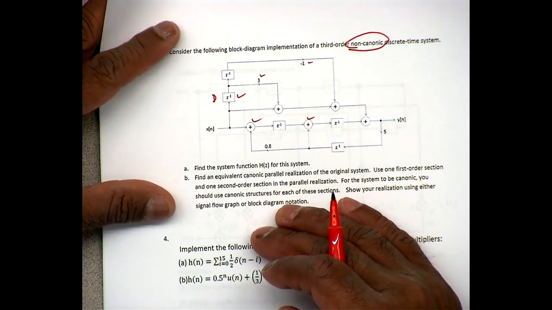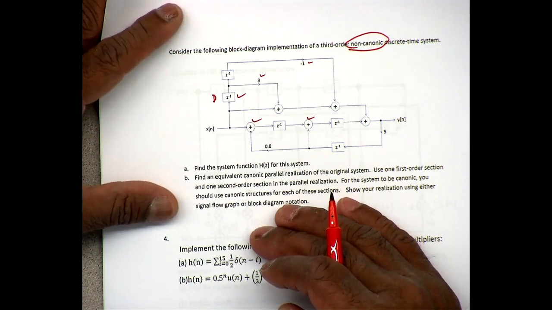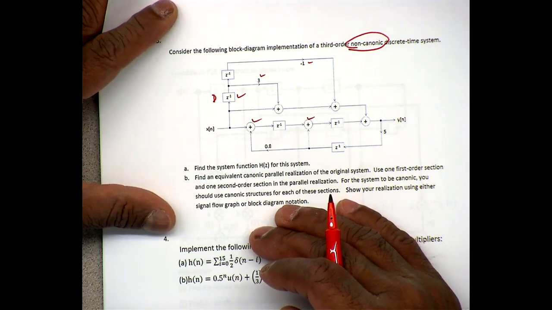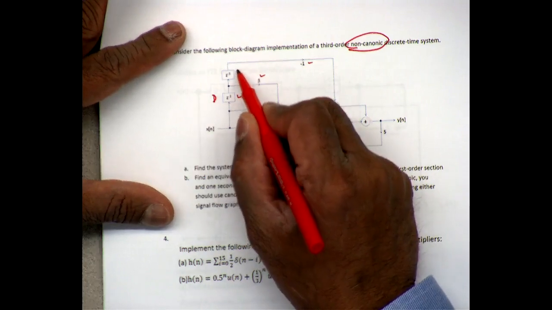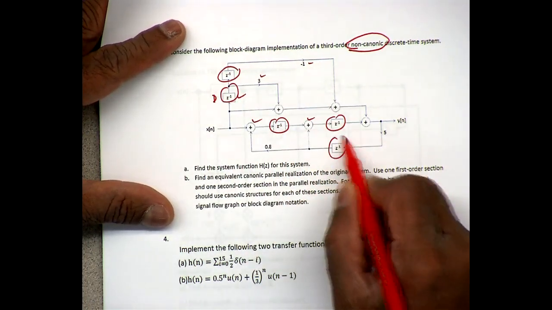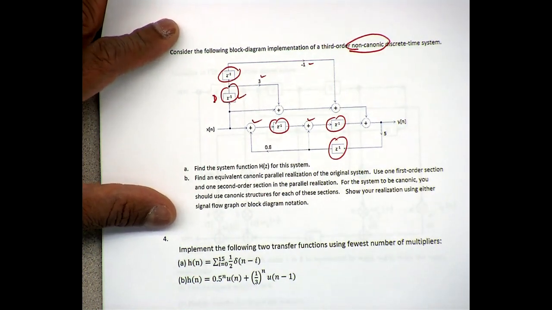You cannot represent that filter or that structure or that system by any number of states that is less than canonic. In this case, as you will notice, we have 5 delay elements, and if this is a third order discrete time system, then a canonic representation would require 3 delay elements or 3 state variables. So that's why this is non-canonic.